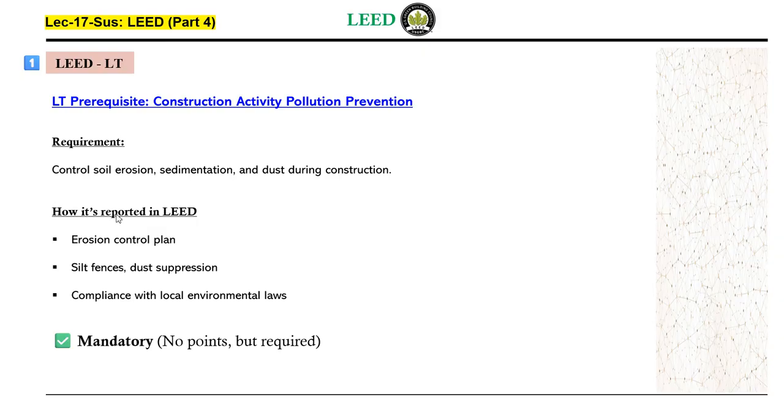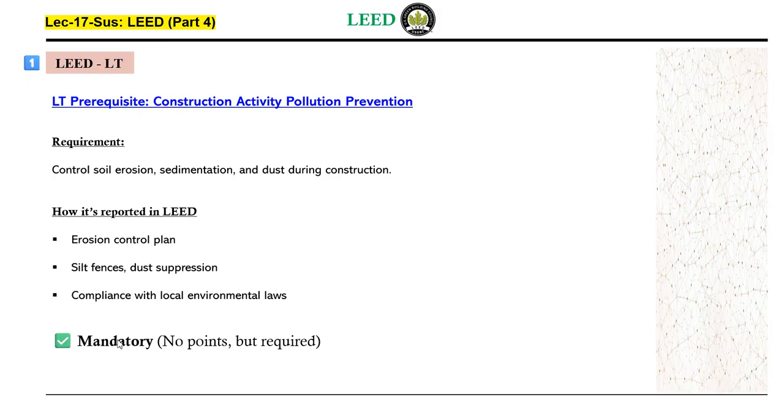So what evidence is required? We have an erosion control plan, silt fences, dust suppression, and compliance with local environmental laws. Wherever you are working, for example in the UK, KSA, the UAE, or any country like India or Egypt, you have to comply with the local laws.